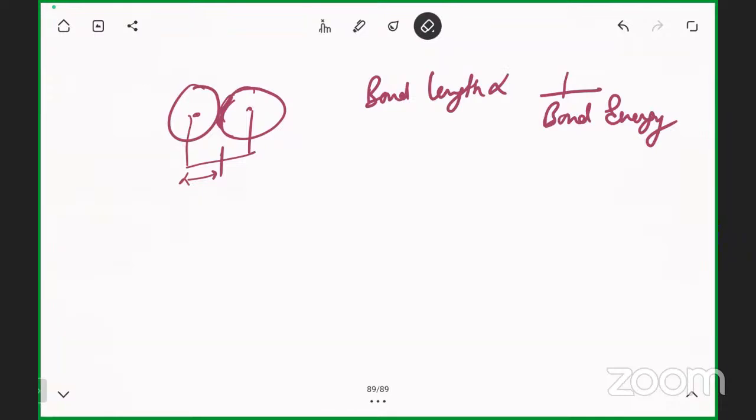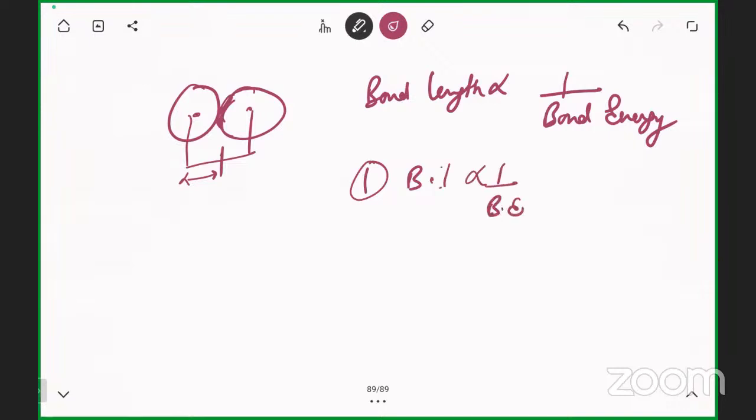Okay, what are the factors which affect the bond length and bond energy? First factor is the size of atom. Bond length is inversely proportional to bond energy, as we have learned earlier, and bond length is directly proportional to the size of atom.